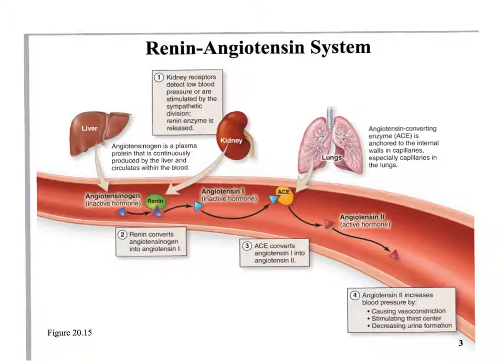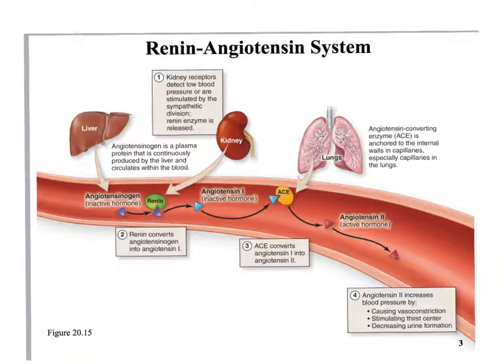Generally that would be baroreceptors. Okay? So they're stimulated by the sympathetic nervous system. And in response to that, renin is released from the kidney into the blood. So renin is your number 1 hormone. Okay? Well, renin is an enzyme.